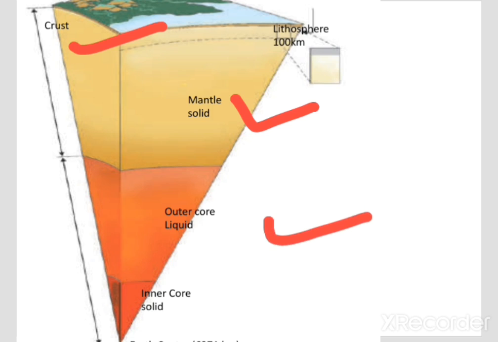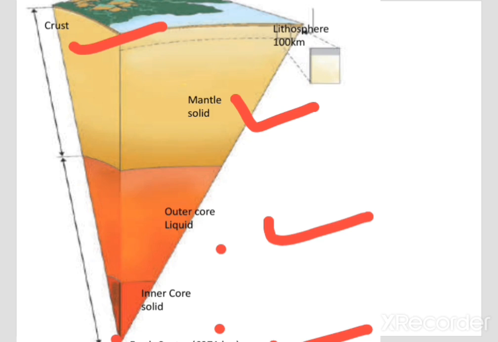And third is the core. This core is again classified into the outer core and inner core. And the center of the earth is located at 6371 kilometer. This is the center of our earth.